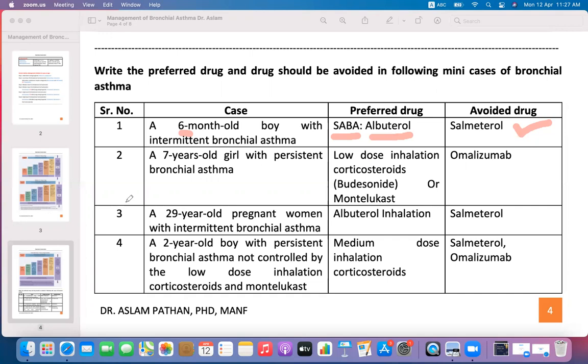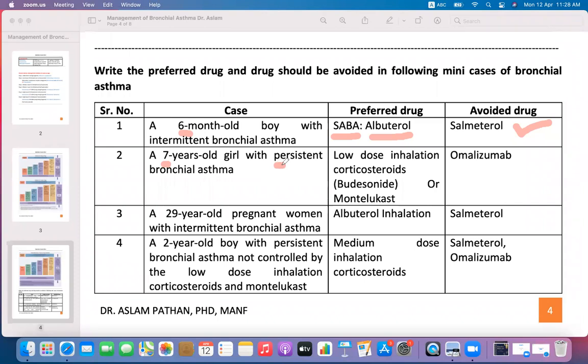Next case. A 7-year-old girl with persistent bronchial asthma. Consider the age group 7 years and persistent.